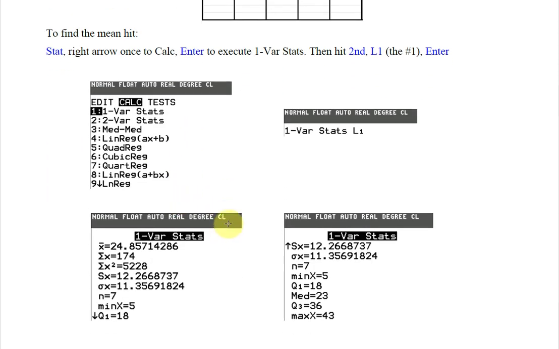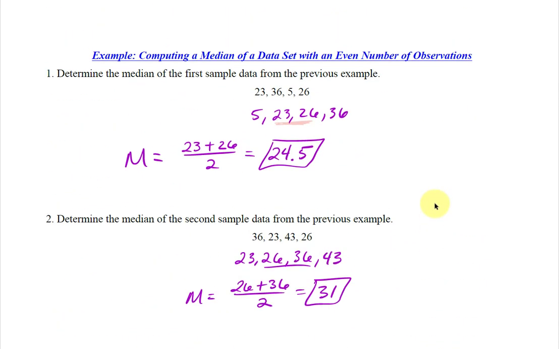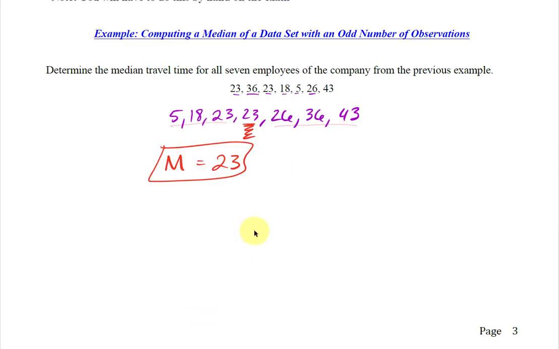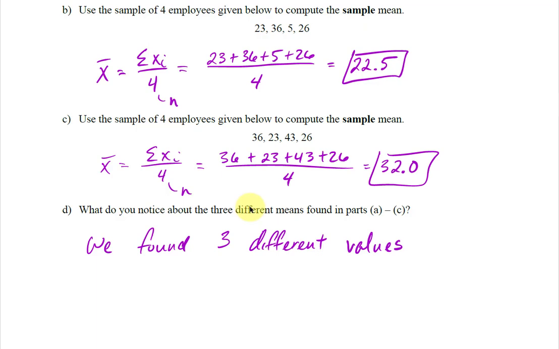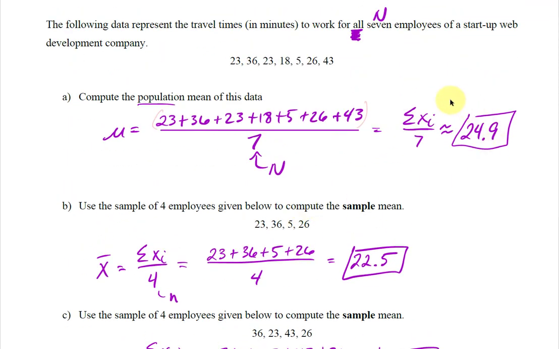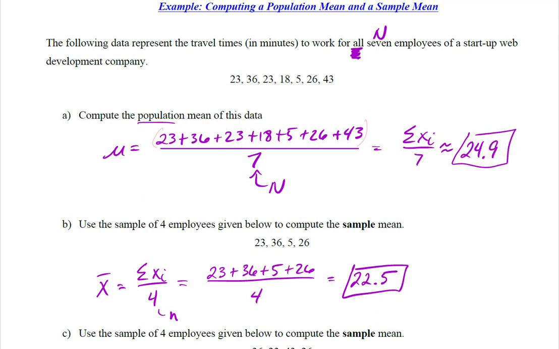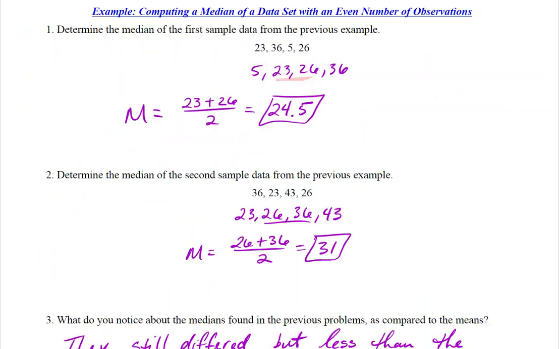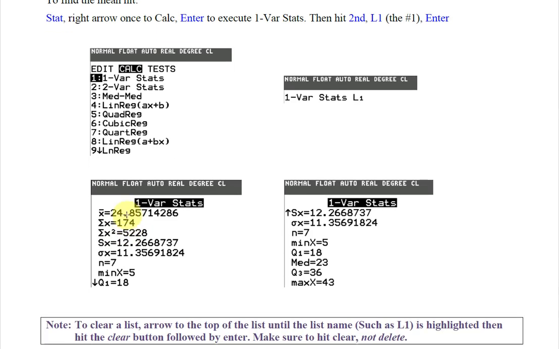So the value we found earlier, this is the median, not the mean. The mean is right here, 24.9. So go down here. It's right here, 24.85. So it's very close to 24.9.